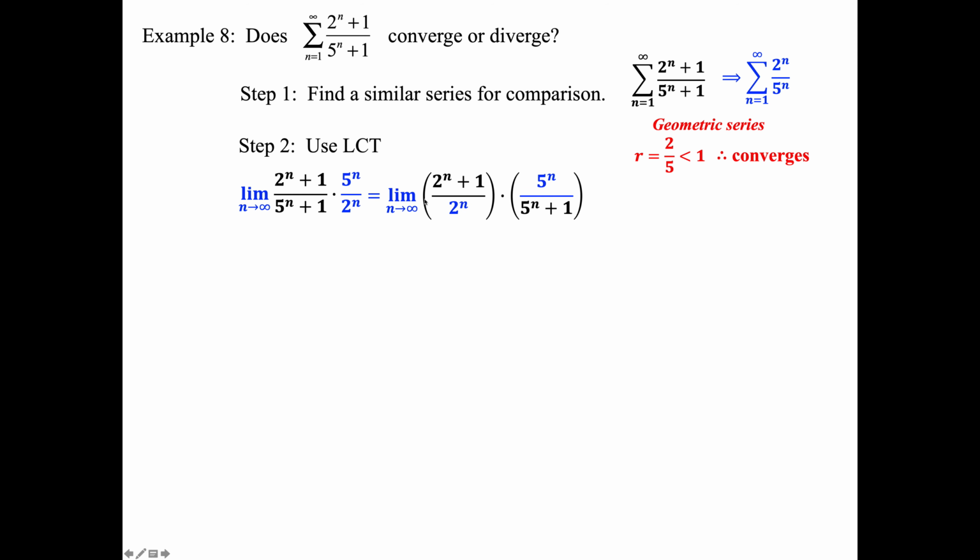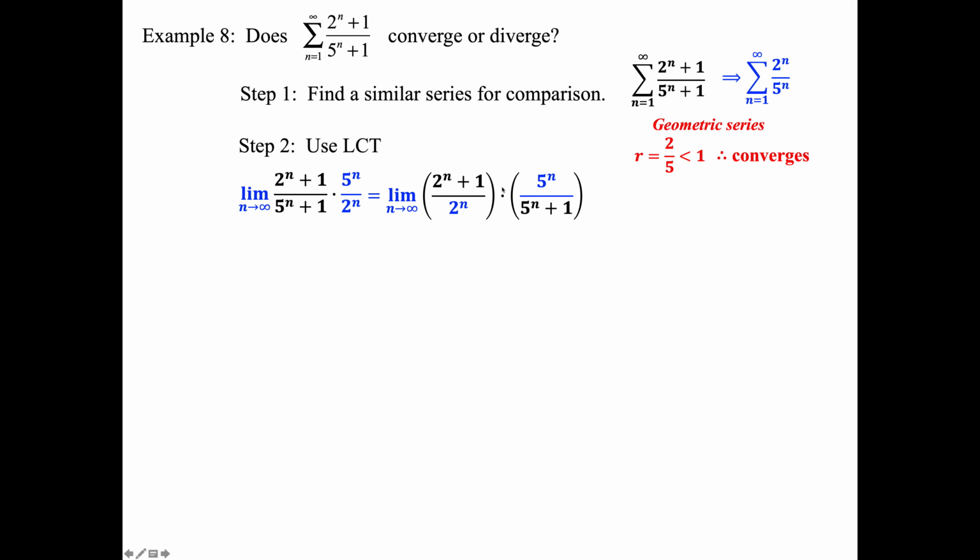So what I'm going to do is swap out. This is absolutely true. If I multiply these two bottoms, it doesn't matter which order I multiply the denominators in. So I match the 2 to the n power over here, so that way I have the same bases to that n power. And the same thing over here. Get those base 5s to match up.